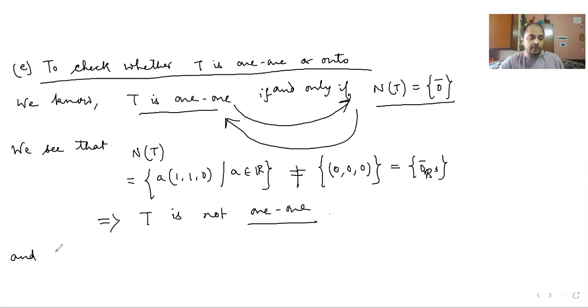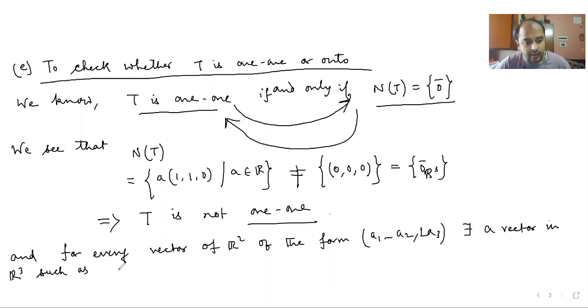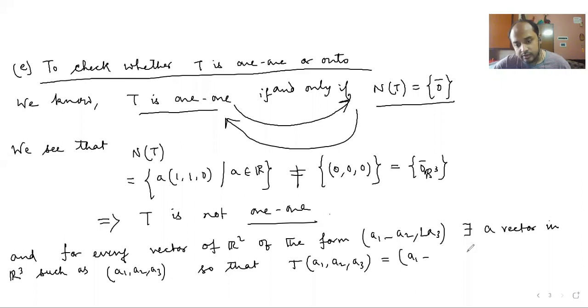And you see that for every vector of R2 of the form (a1 minus a2, a3), there exists a vector in R3, such as (a1, a2, a3), so that T of (a1, a2, a3) is equal to (a1 minus a2, a3).